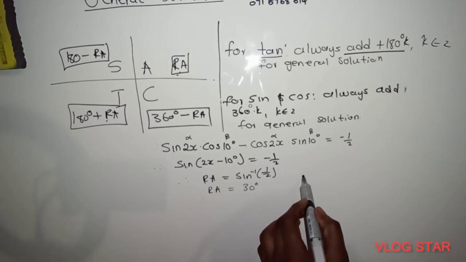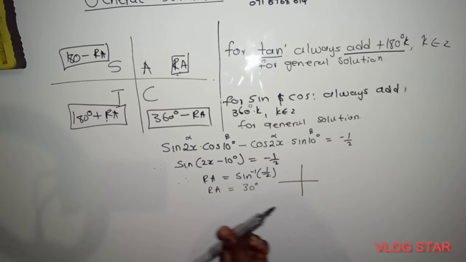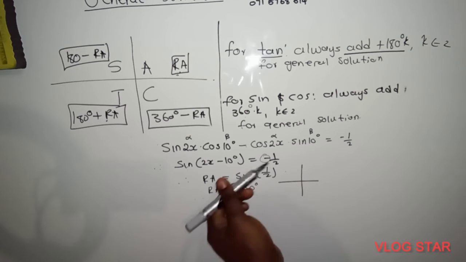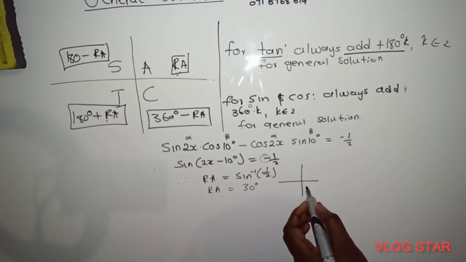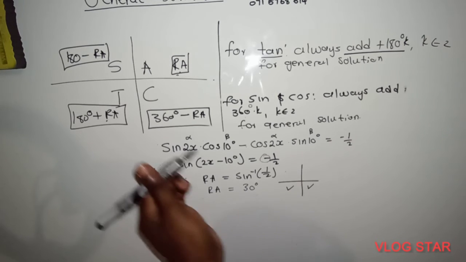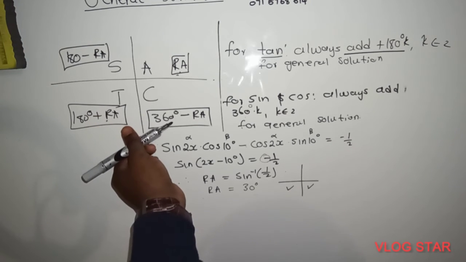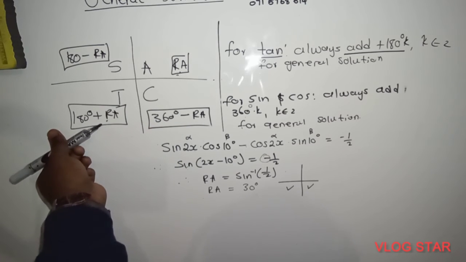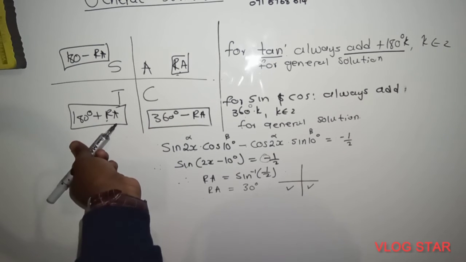Now you have to identify the quadrants where sine is negative: the fourth quadrant and the third quadrant. As you can see here, on the fourth we have 360 degrees minus RA, and on the third quadrant, we have 180 degrees plus the RA.